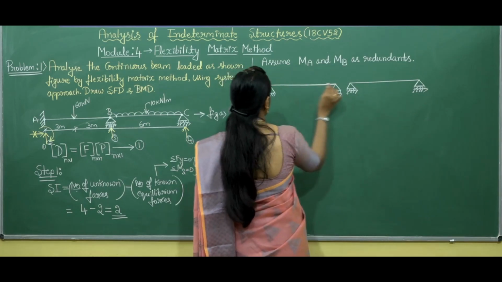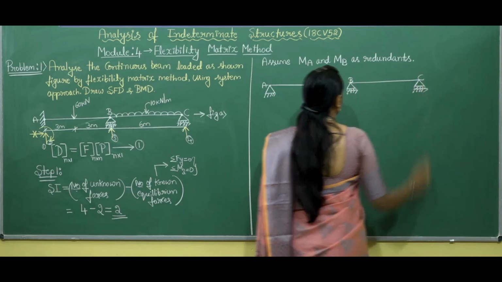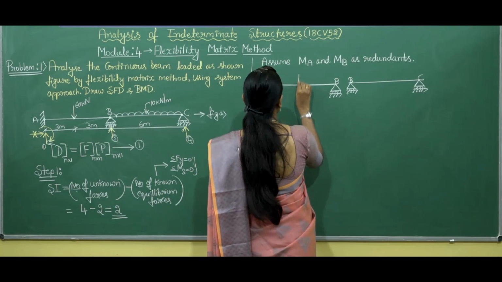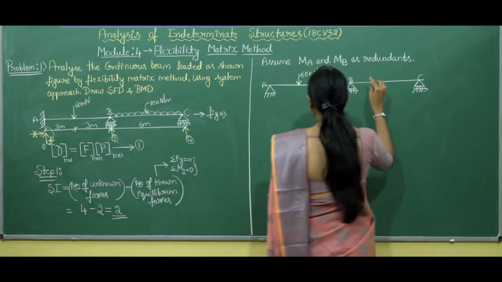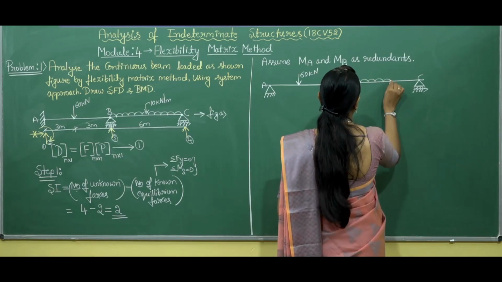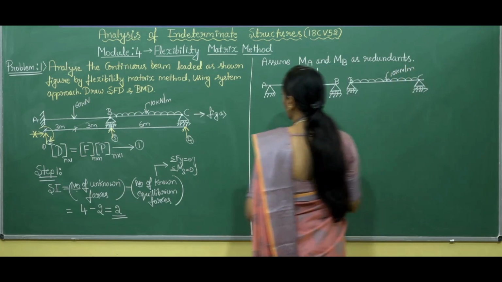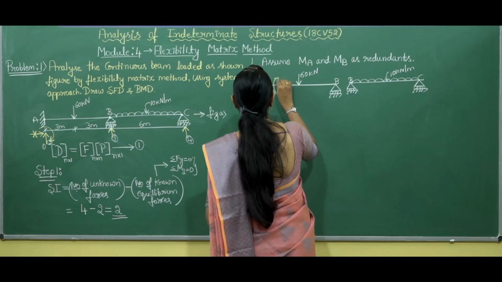Okay, this is A, this is B. Since B is the intermediate support, we can split the structure like this. As you all know, this is 60 kilonewton and this is 10 kilonewton per meter, and here we can mark the redundants like this.